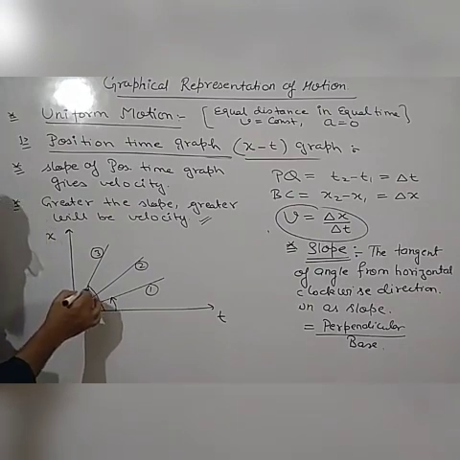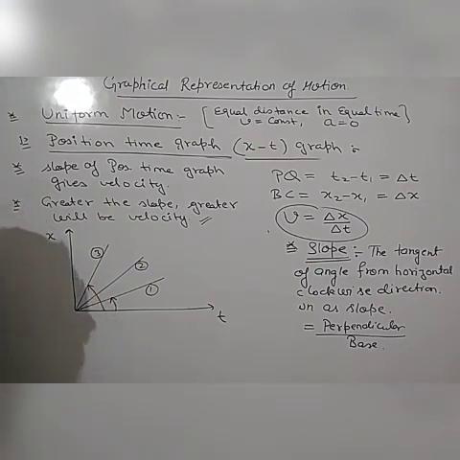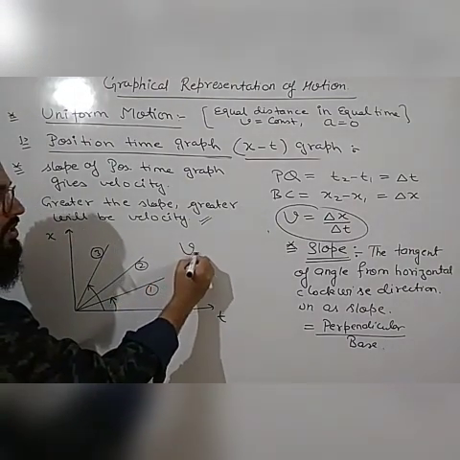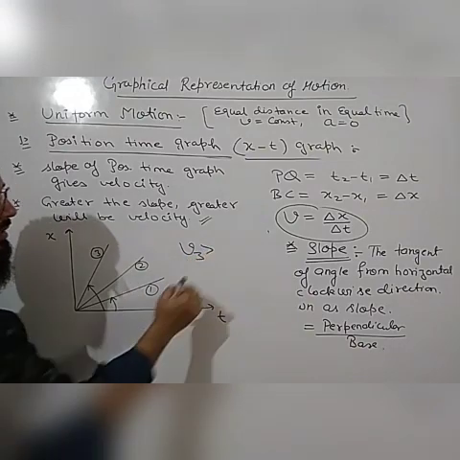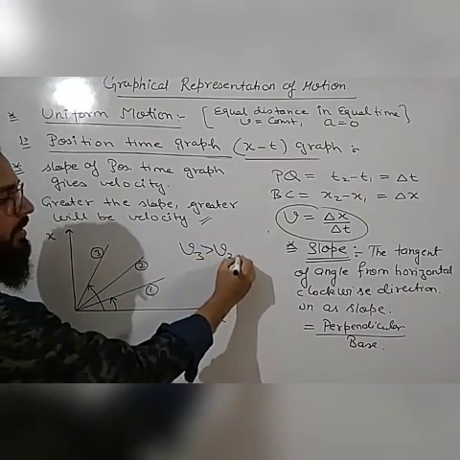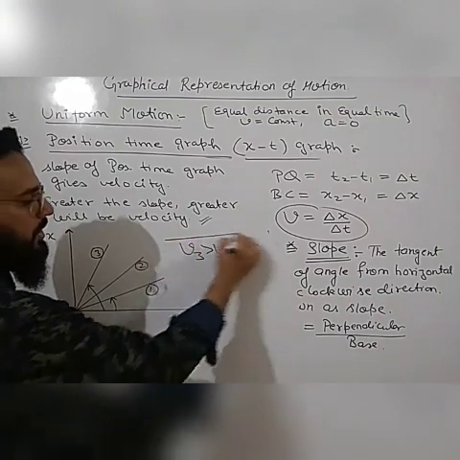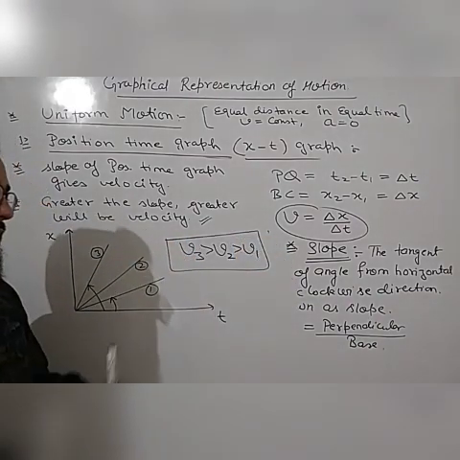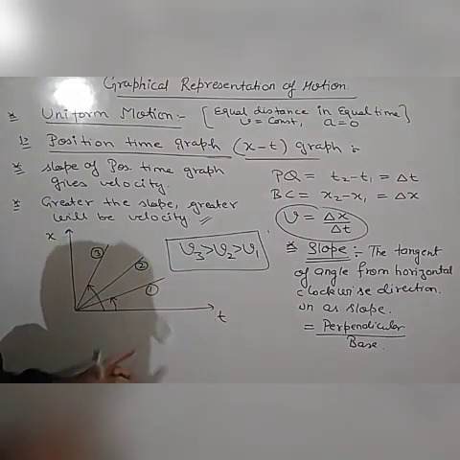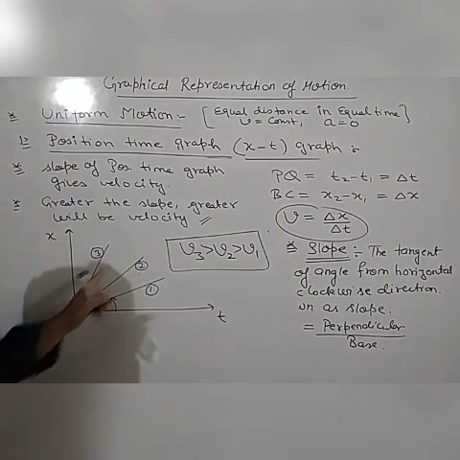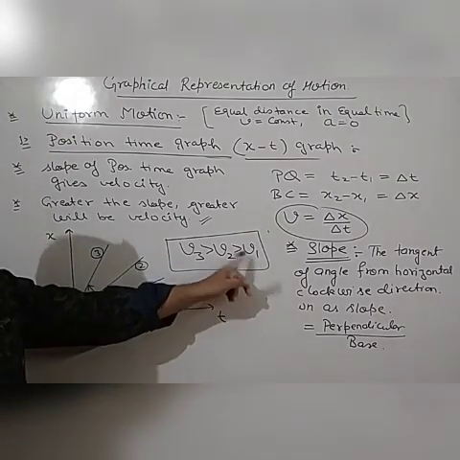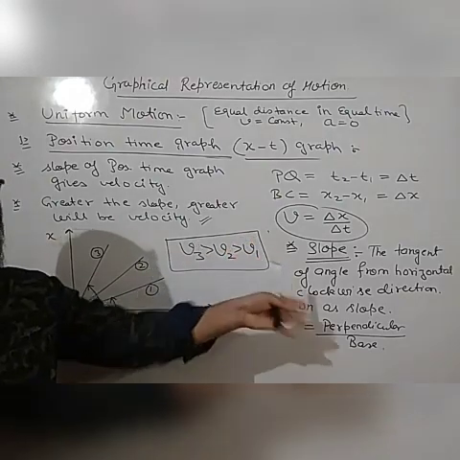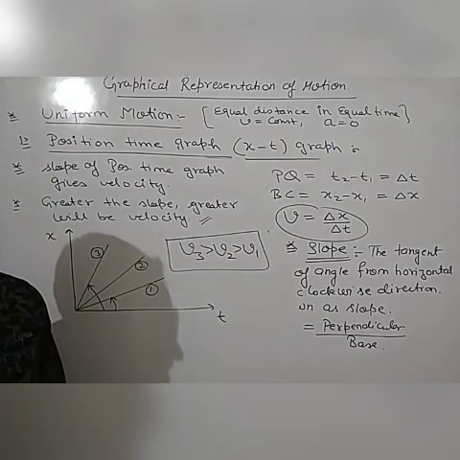The third object has maximum angle and the first has minimum angle. So velocity of third will be greater than velocity of second, and that will be greater than velocity of first. It is very simple. The object which has greater angle will have greater velocity, and minimum angle will have minimum velocity. So we can arrange them in ascending or descending order also.